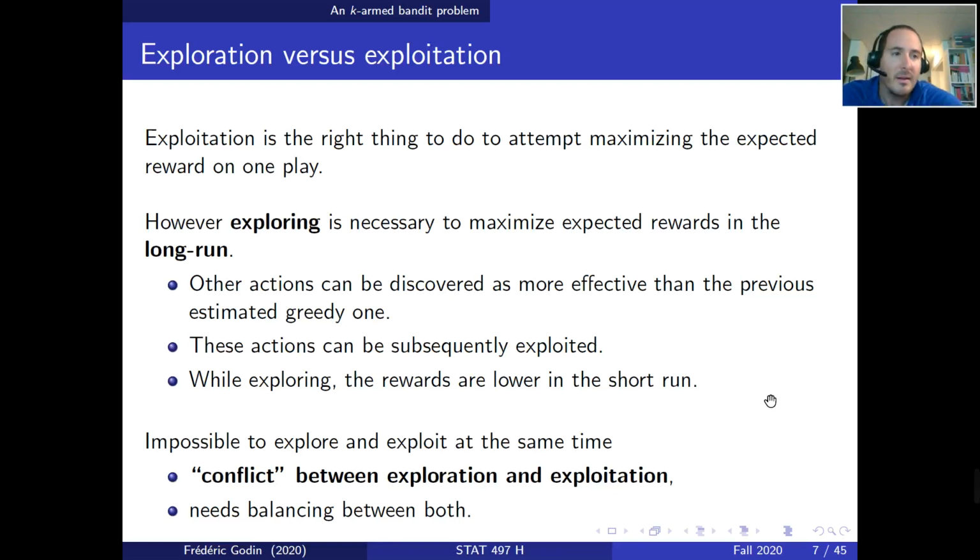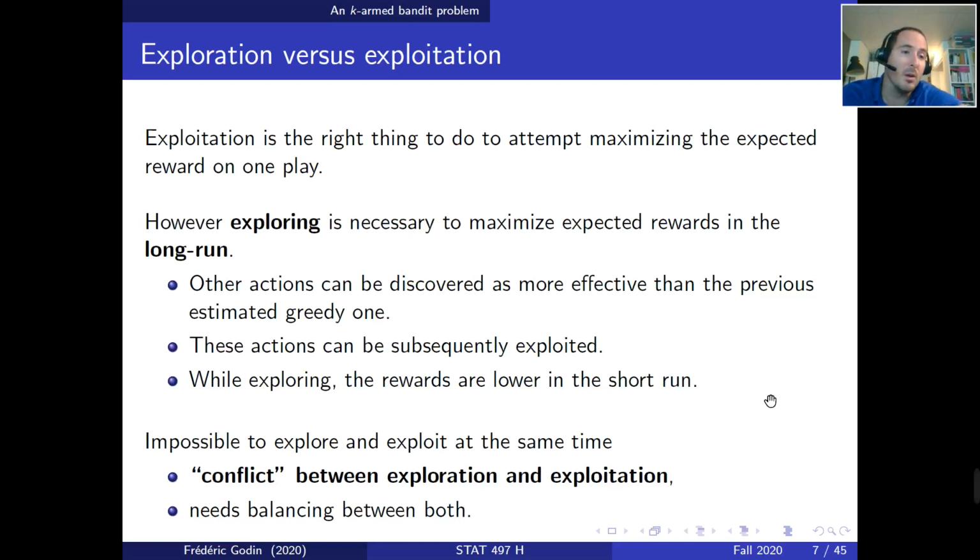Exploring, taking actions that seem suboptimal right now, in the short run typically might not be good because you're sampling rewards from levers which likely provide lesser rewards. But it might be beneficial in the long run because it allows you to refine your estimates of the expected values of other levers.